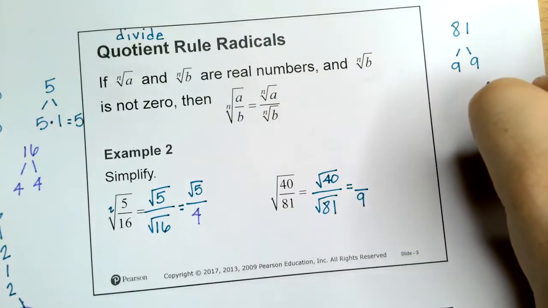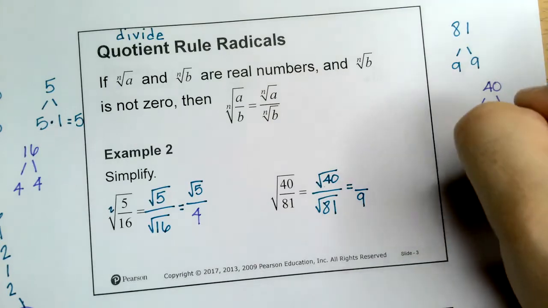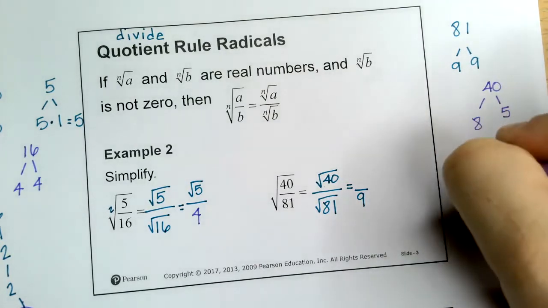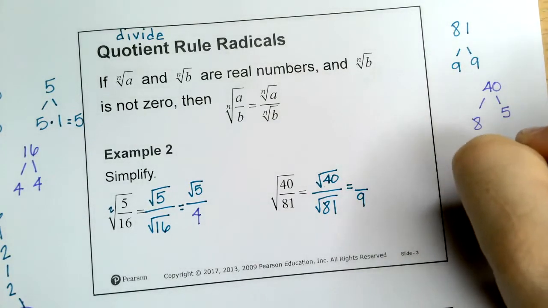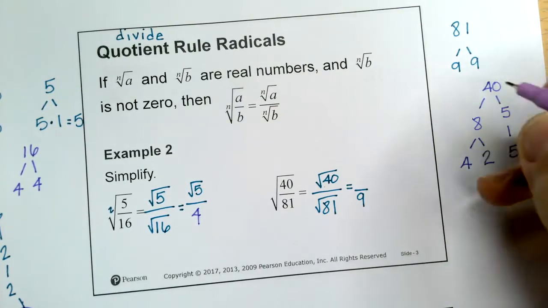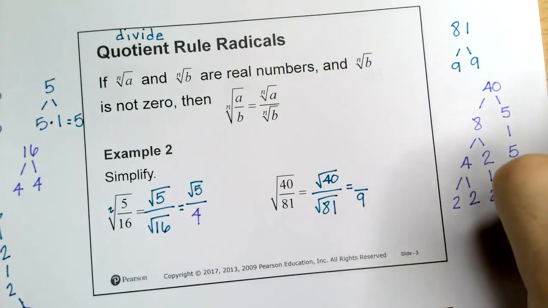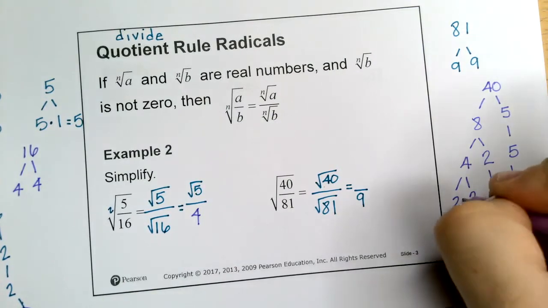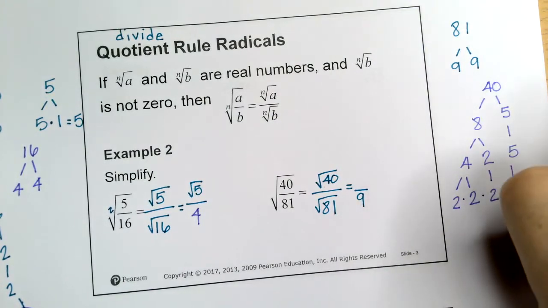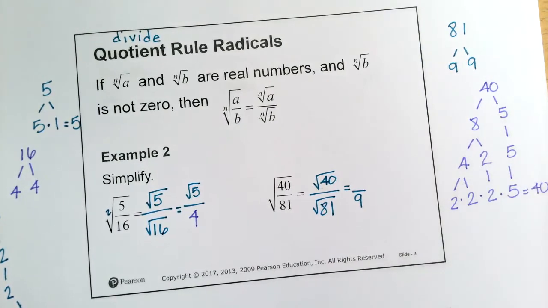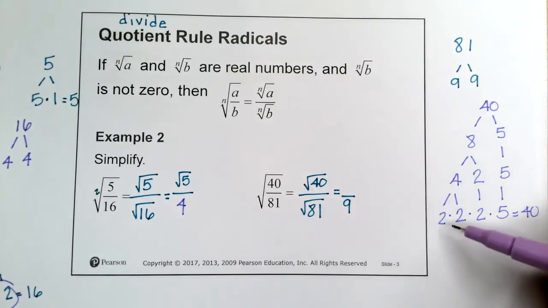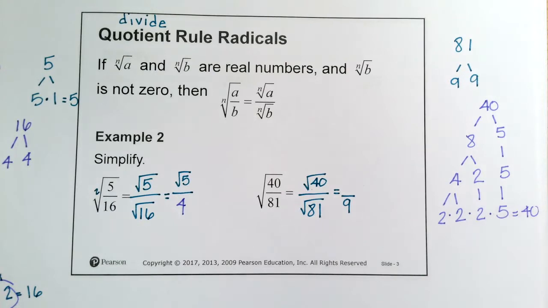40 can become 5 and 8, right? 8 becomes 4 and 2. 5 just stays 5. 4 becomes 2 and 2. 2 stays 2. 5 stays 5. 2 times 2 times 2 times 5 is 40. So I know that's okay. And I know it's prime because 2 is prime and 5 is prime.